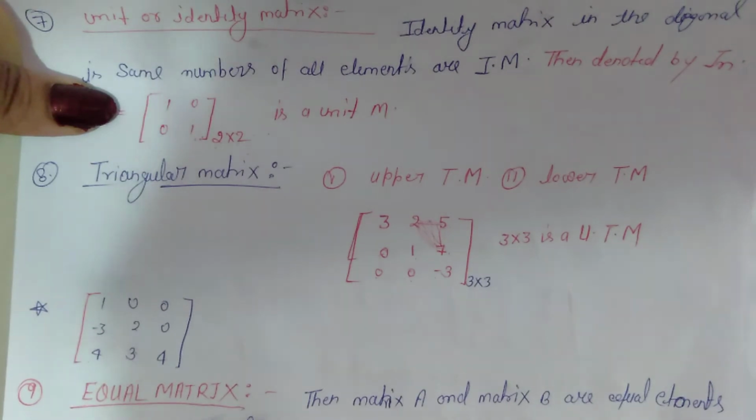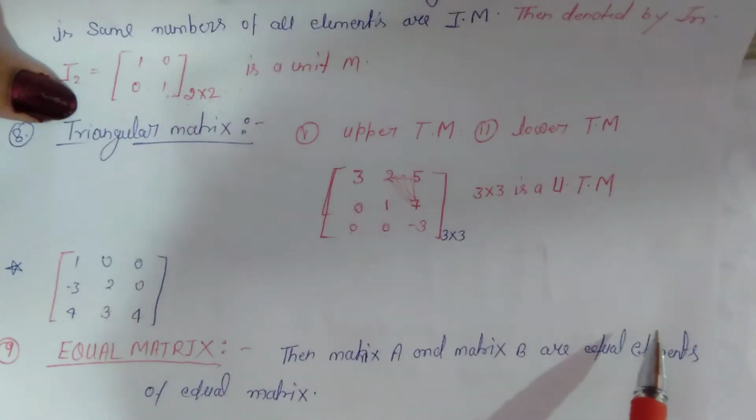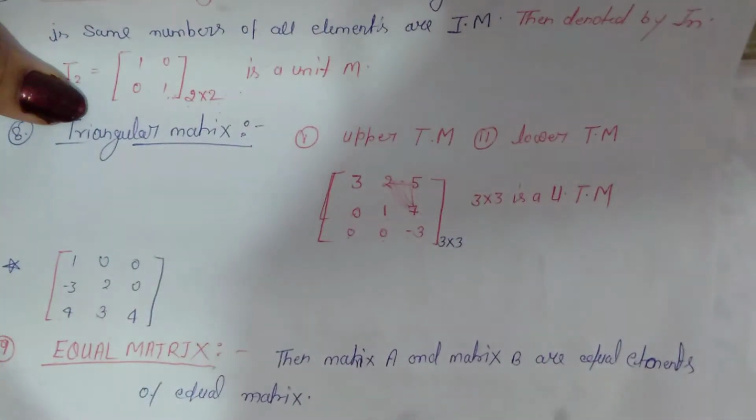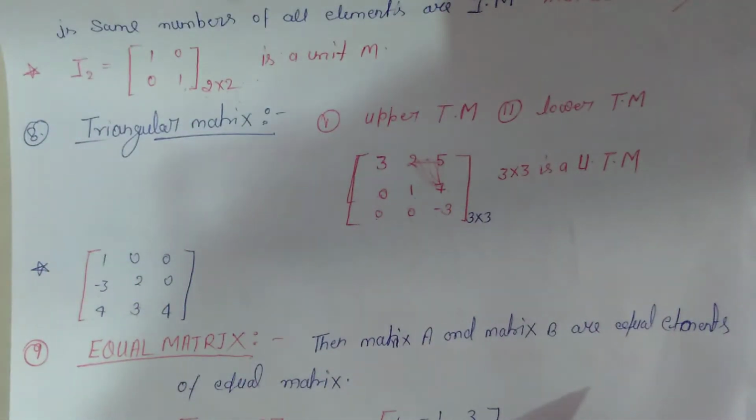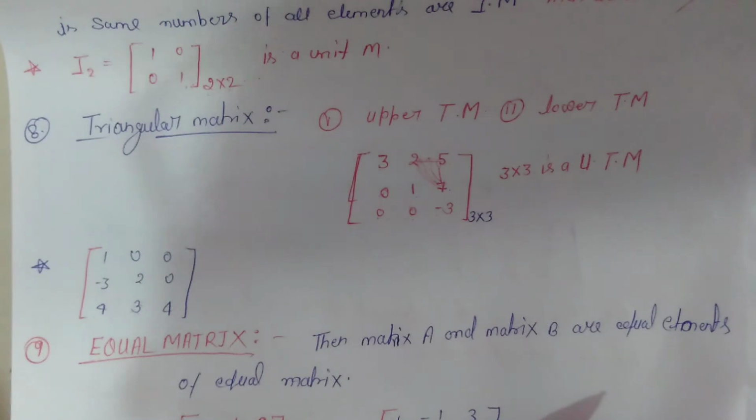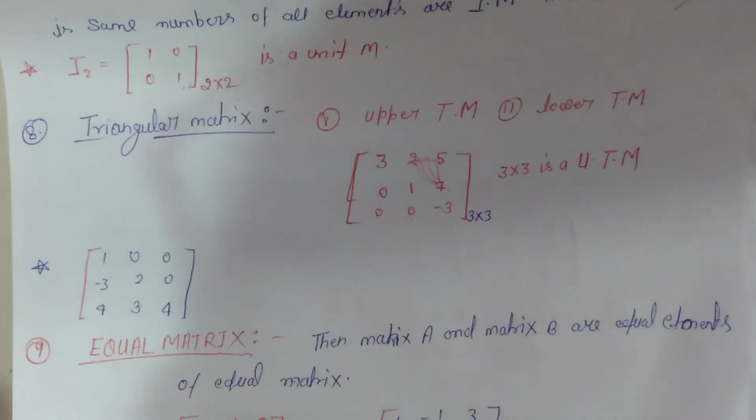Okay, and equal matrix: matrix A and matrix B are equal when their elements are equal, and that is called an equal matrix. A equals the given elements of a matrix and B equals the given elements of a matrix, then we say they have equal elements.